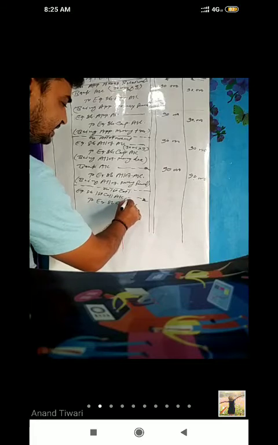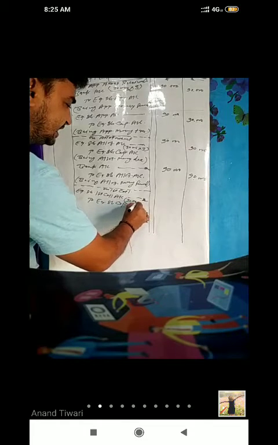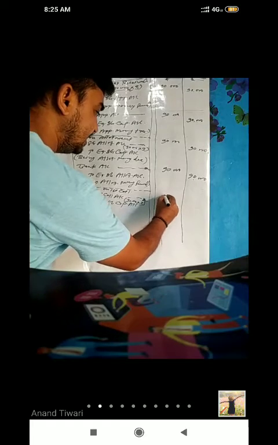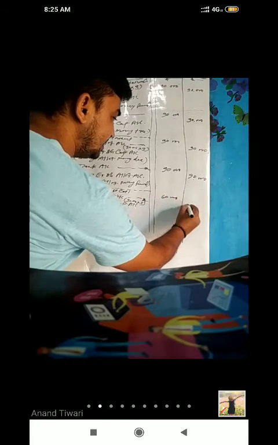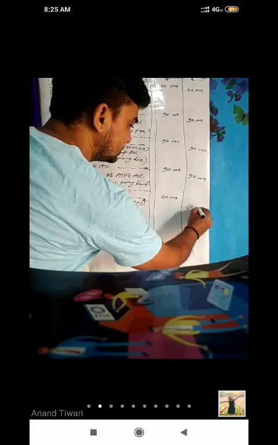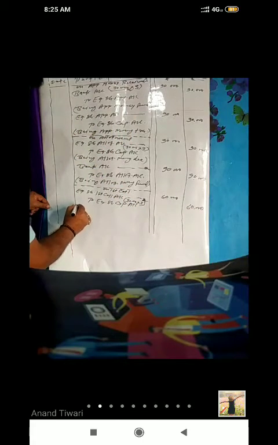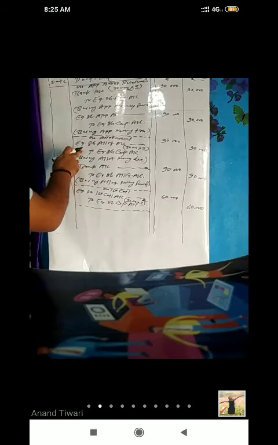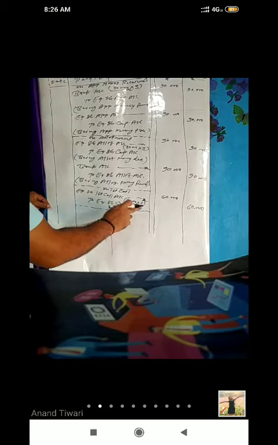The amount will be 30,000 into how much called on first? 2 rupees. So 30,000 into 2 will be 60,000. Clear? Its narration will be the same as I passed in allotment, being first call money due.